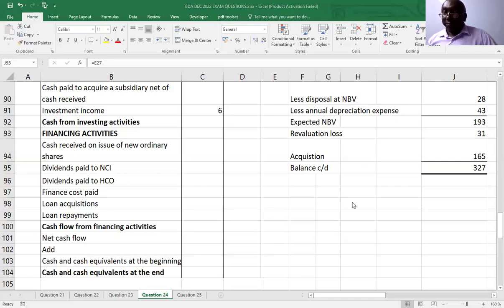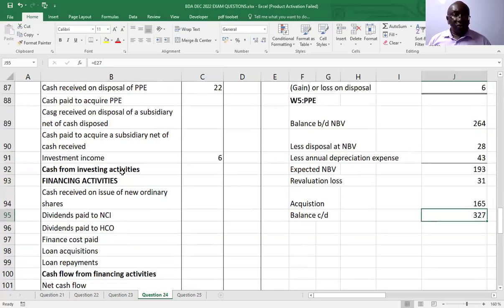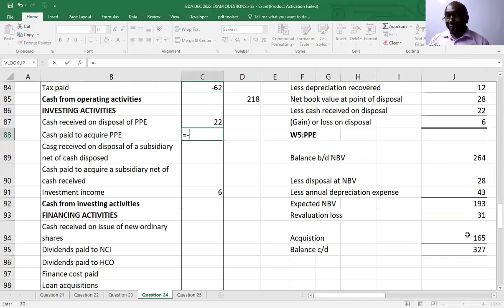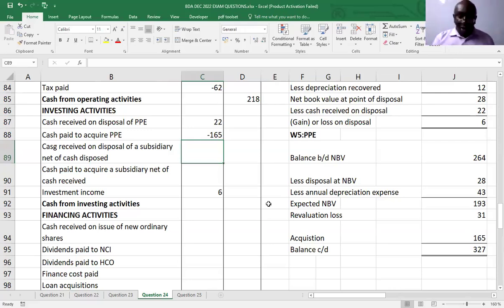So if it is clear, then we come here. Where were we? We were here at the investments. Sorry, at the finance. Yeah, the investment. The cash acquired, the cash paid. So that should come in as a negative. Now, we do not have a subsidiary here.